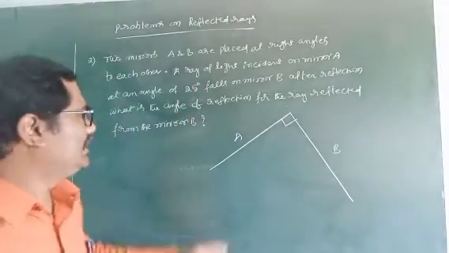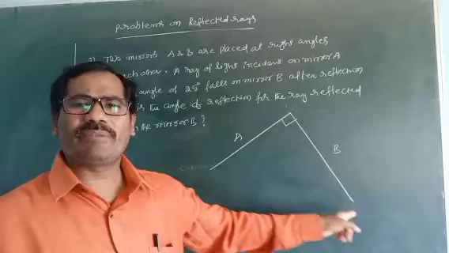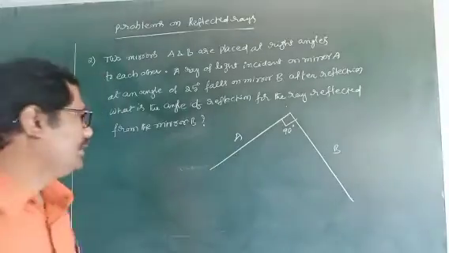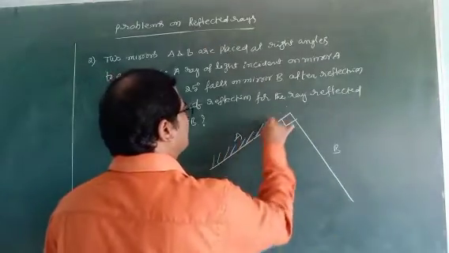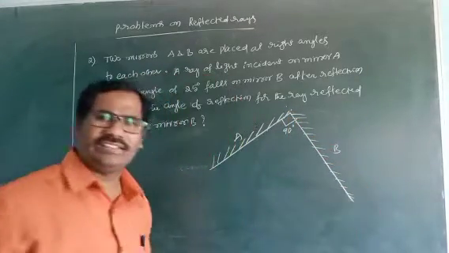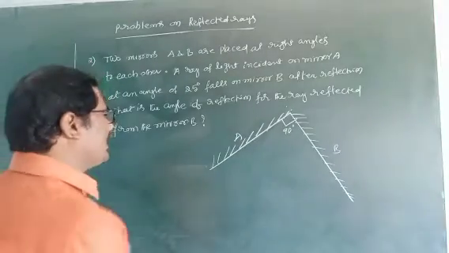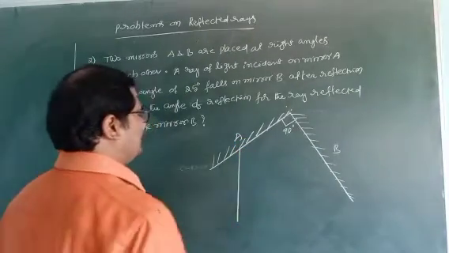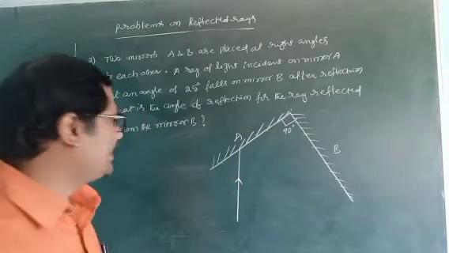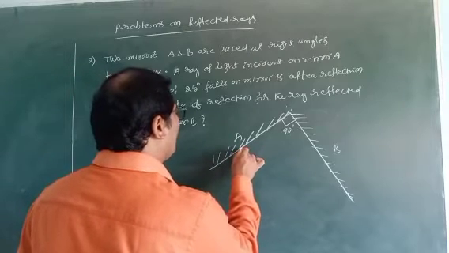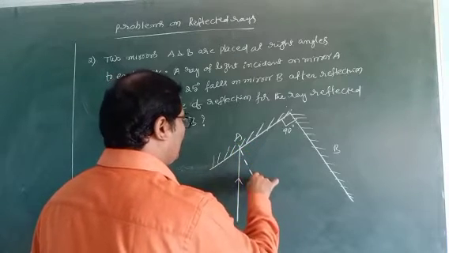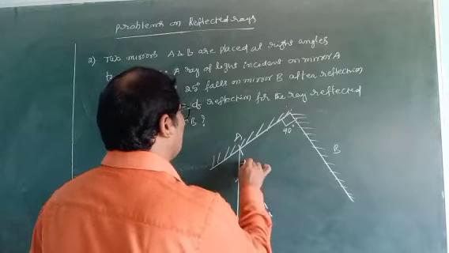Okay, these are two mirrors, arranged perpendicular to each other, at 90 degrees. First one A, second one B. A ray of light is incident at A. That is the incident ray, and the angle of incidence is measured from the normal.